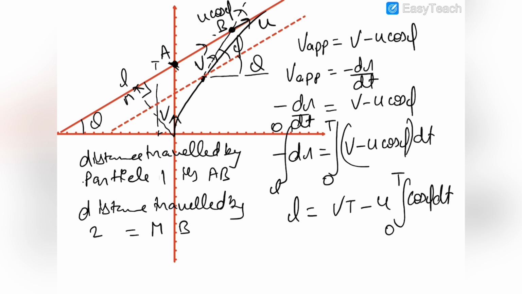So this distance MA is equal to L, this angle is theta and this angle is also theta. This is L, so this is L cos theta and this is L sin theta. So MB distance is equal to L sin theta plus AB.